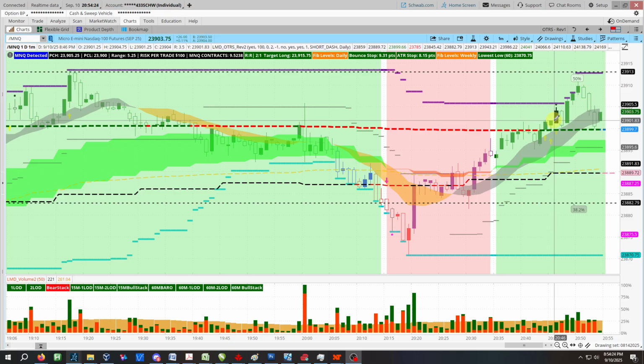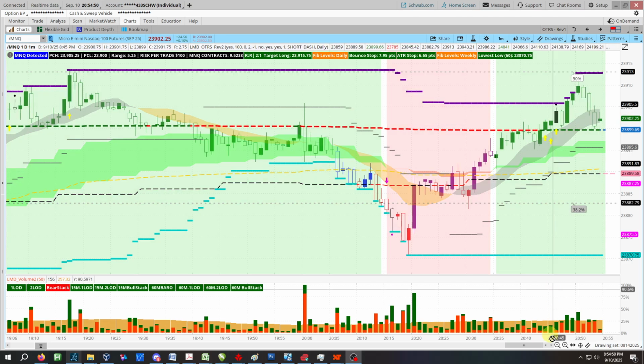At the time that I was doing that video, price was already up around this area, and I had stated that would have been a good trade. Stop would have been right there, but getting in up here was kind of chasing because you'd already missed the meat of the move. But I said price was going up to 23,913 at this time, right about right there.